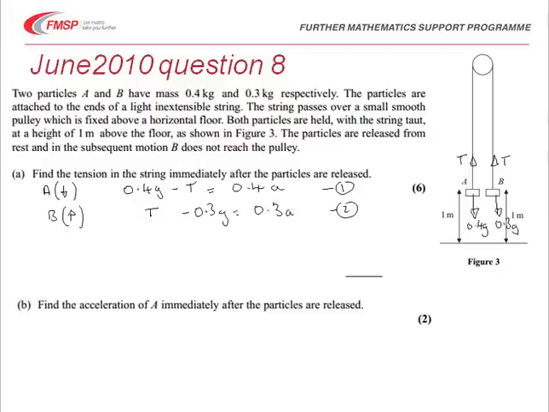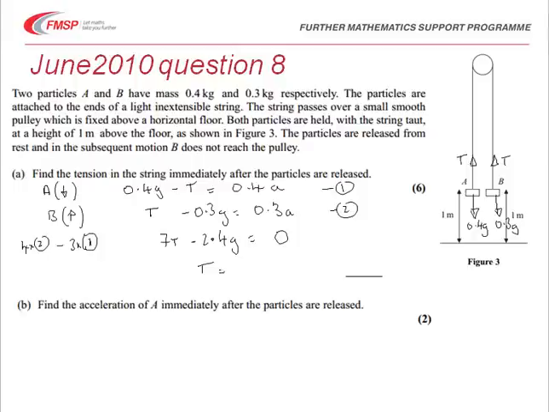So taking 4 times the second equation and subtracting from that 3 times the first equation, that gives a total of 7T, so 4T minus negative 3T is 7T, minus 1.2g, and again from the first equation minus 1.2, so in total minus 2.4g. And on the right hand side, of course, 0, because we've arranged those multiples to eliminate a.